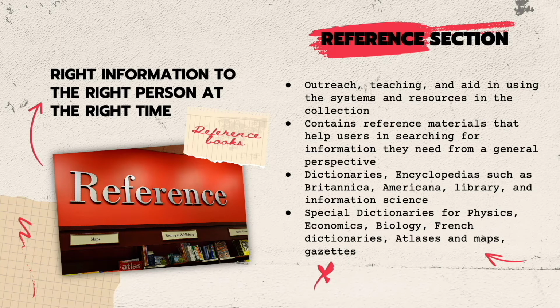This may pertain to a word, term, person, place, concept, or subject. You need to consult a dictionary, thesaurus, directory, yearbook, encyclopedia, or such other type. The reference librarian is expected to provide the right information to the right person at the right time.